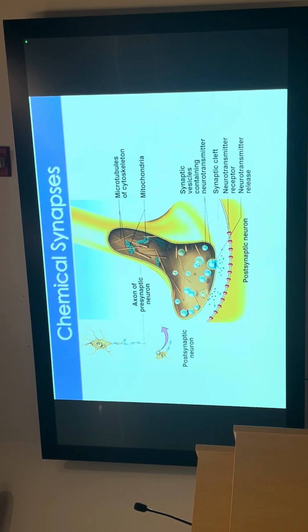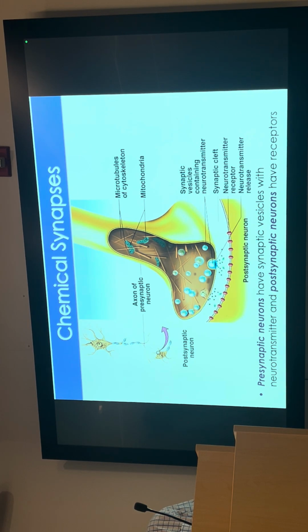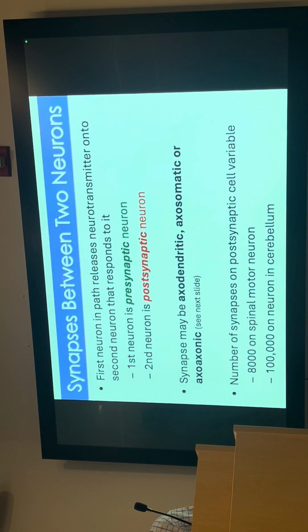So when we talk about a synapse, we're going to have the presynaptic neuron, which is bringing the action potential to the synapse, and then this would be the postsynaptic neuron. Okay, pre and postsynaptic. You can see the neurotransmitter and the synaptic vesicles. You can see the receptors. Okay, so there you have it.